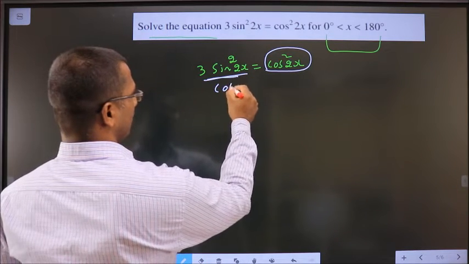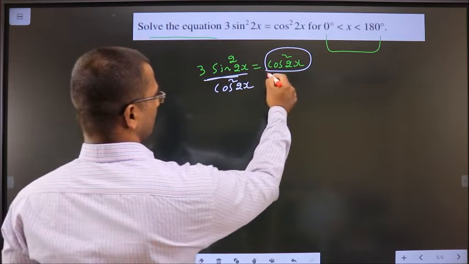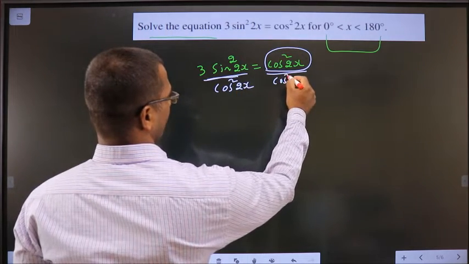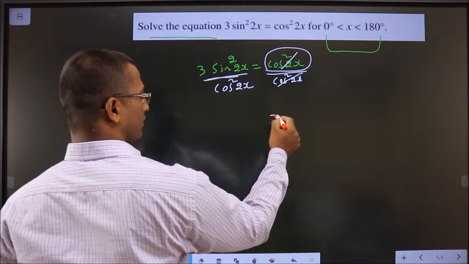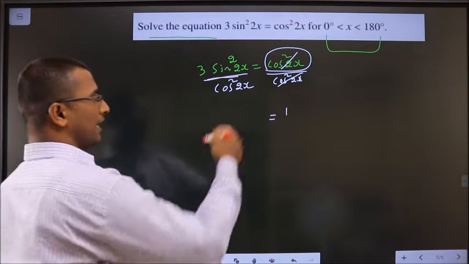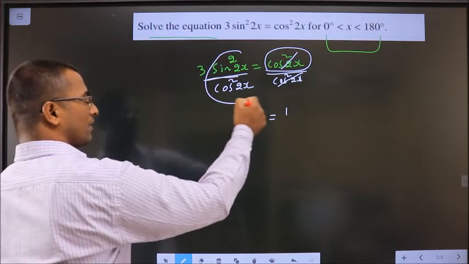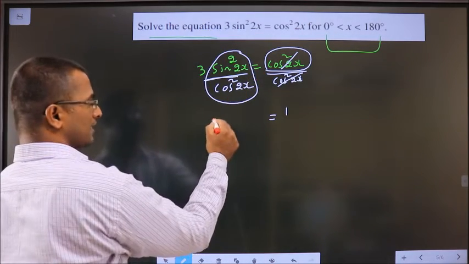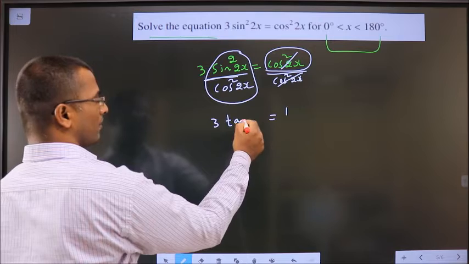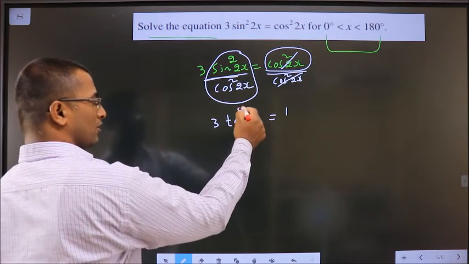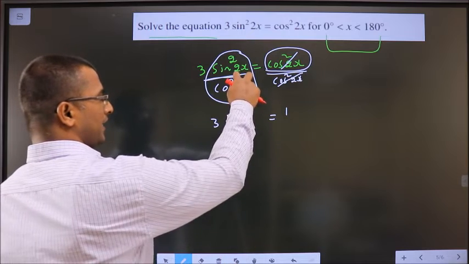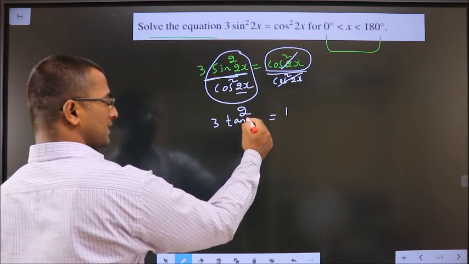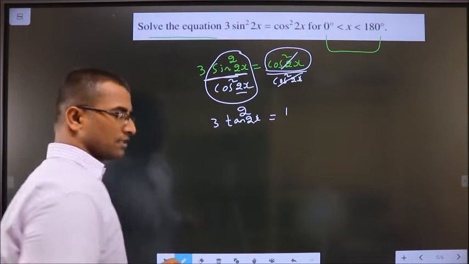Once we divide, these two cancel out, left with 1. And on this side, sine by cos will result in tan. You have square present on both of them, so resulting in tan square. Here in each you have 2x, so resulting in tan square 2x.